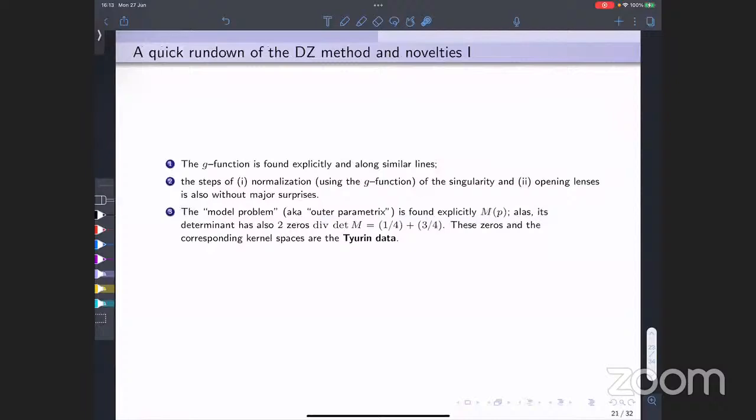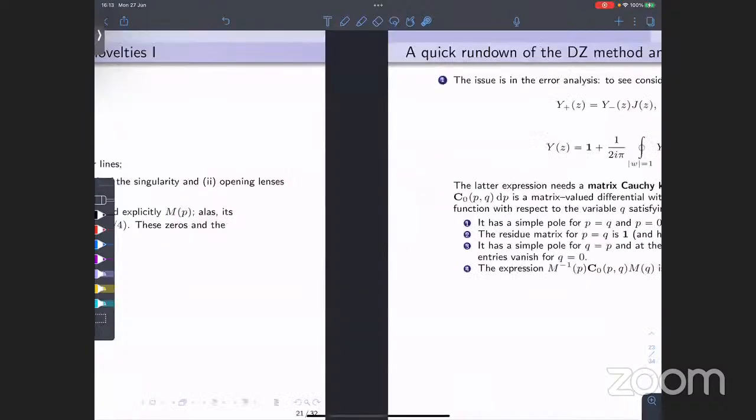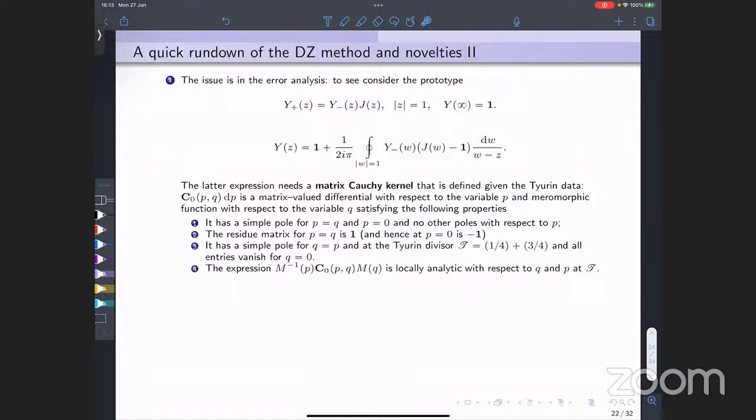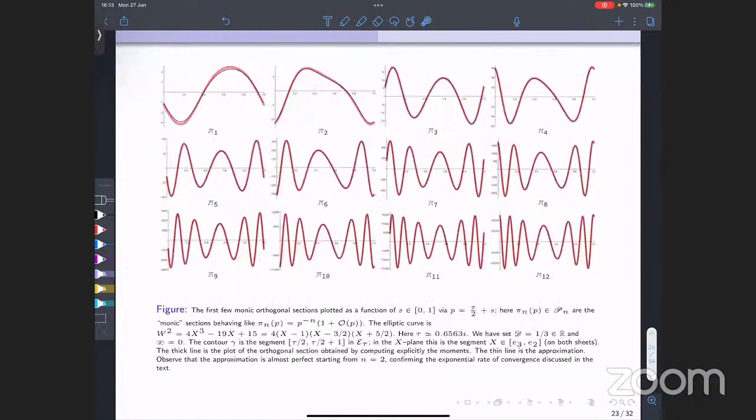Because my time is running out, let me just show you the output of this asymptotic analysis, to show that it's concrete. These are numerically computed. The black is the result of the orthogonality.